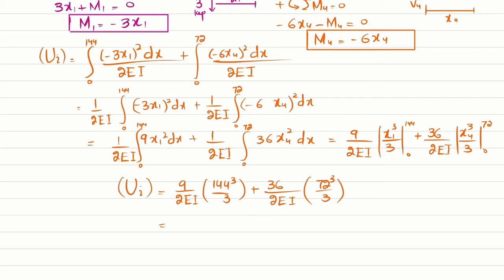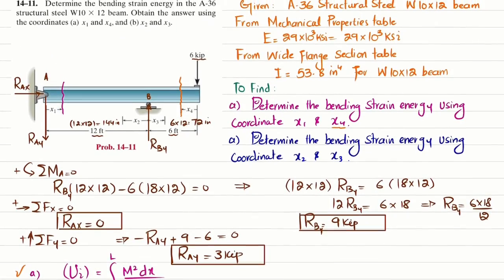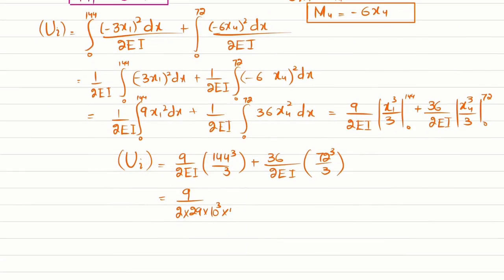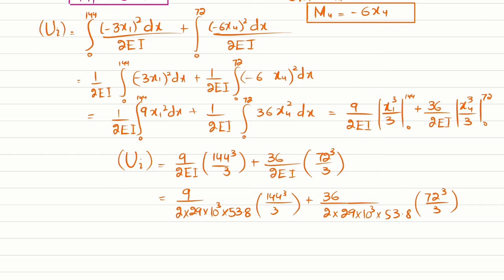Now you have the value of E and I, so E is 29 into 10 raised to power 3 ksi. I is given from the table as 53.8. Multiply by 144 cubed over 3 plus 36 over 2 times 29 into 10 raised to power 3 multiplied by 53.8 into 72 cubed over 3.